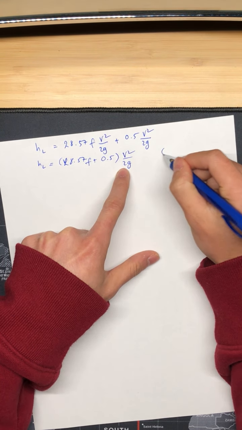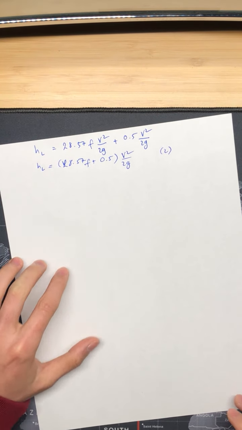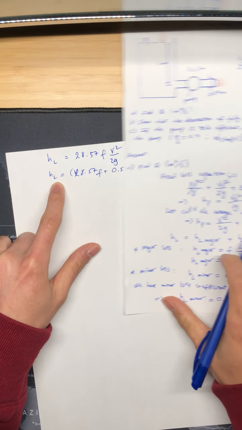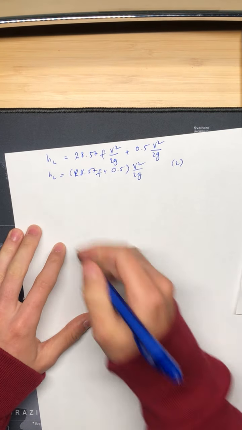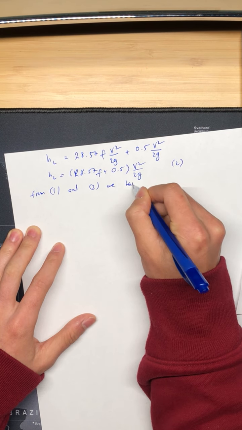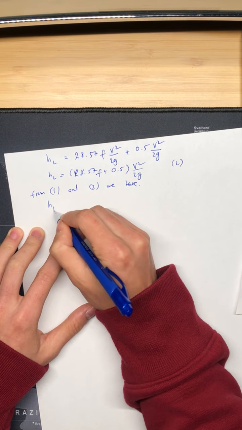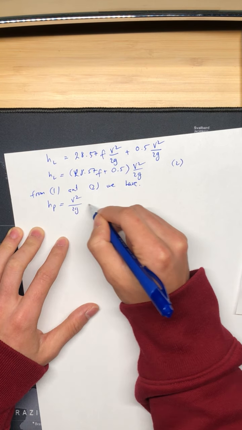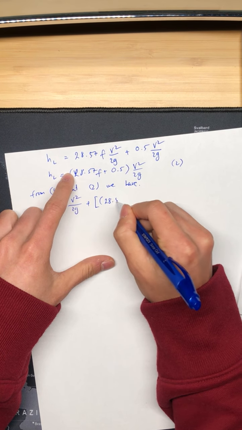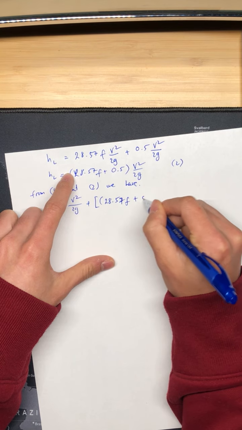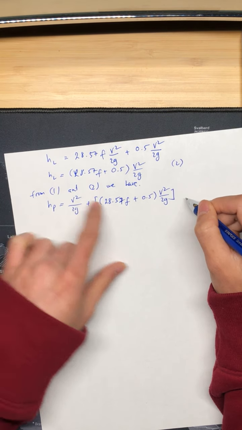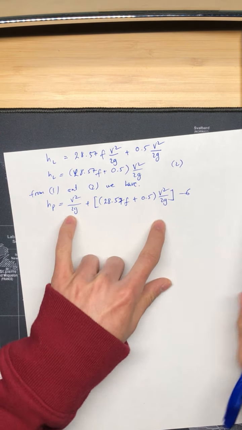Let's call this equation number 2. From equations 1 and 2, we have HP equals V squared over 2g plus this whole term, 28.57 F plus 0.5, times V squared over 2g, minus 6, right?